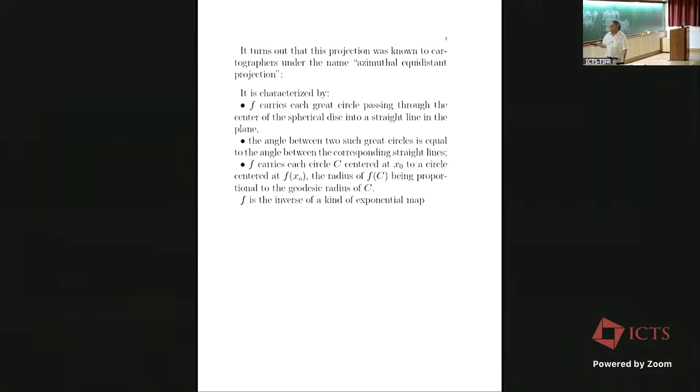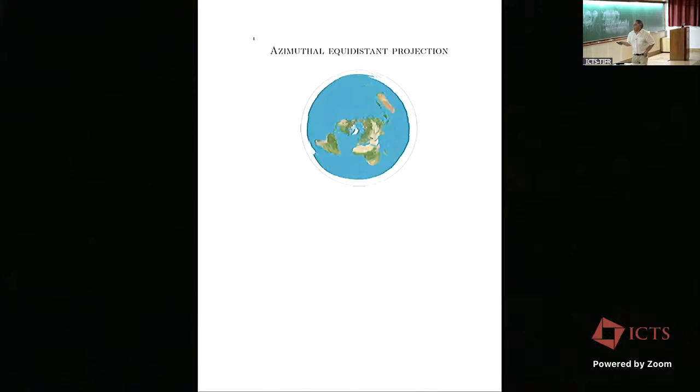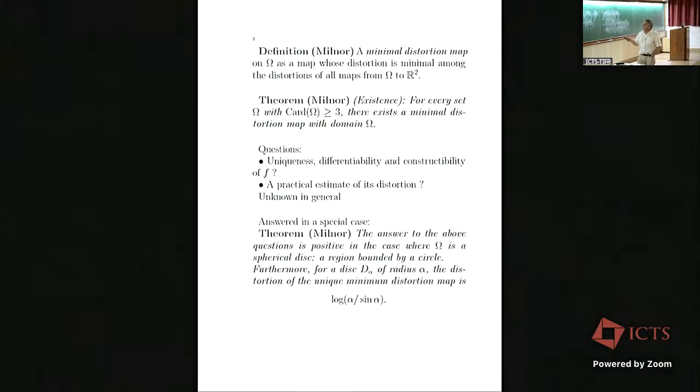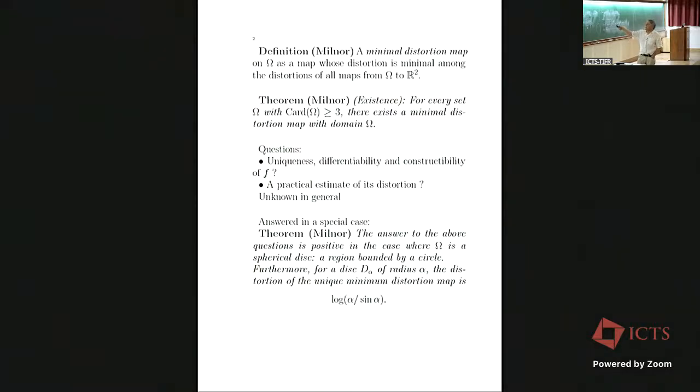This is interesting because the only case where Milnor can prove this existence theorem, with uniqueness, differentiability, and so on, the answer to the above question is positive in the case where omega is a spherical disk, just a disk on the sphere.